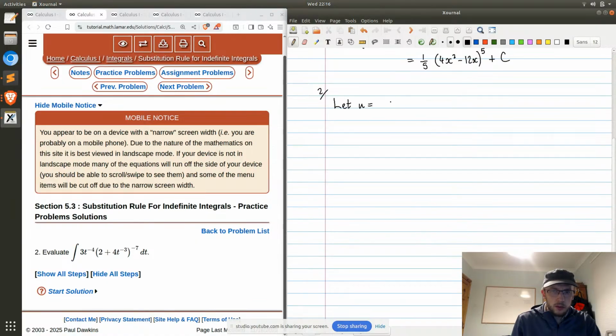Let u equal 2 plus 4t to the negative 3. Then du equals negative 12t to the negative 4 dt.